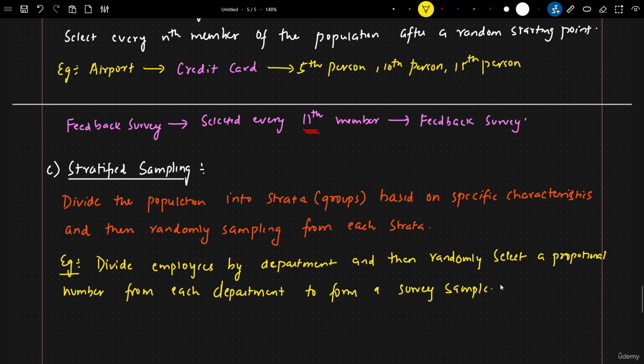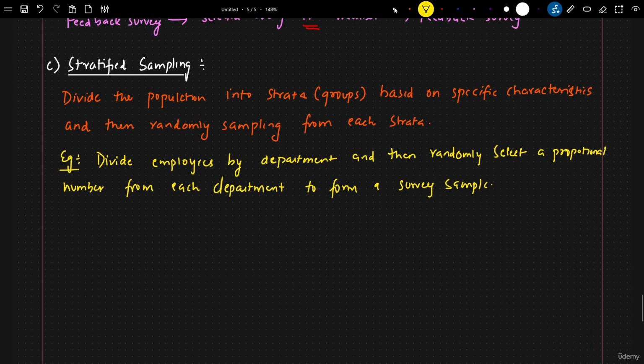Okay, one more example that I can give over here: let's say that I have a population of people. I will divide the people based on age. I'll make 3 categories: less than 12 years, between 12 to 18, and greater than 18.